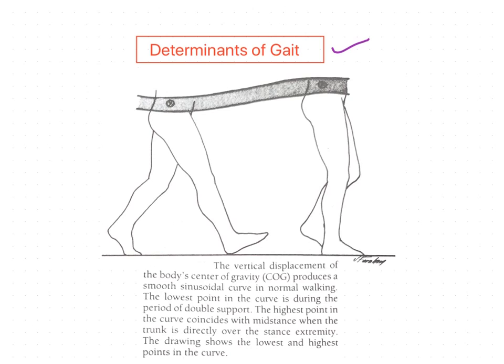What are these determinants going to do?